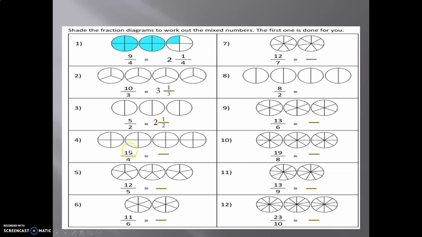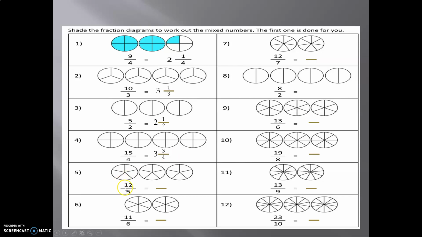I want to color 15. 1, 2, 3, up to 15. So I finished the 3 shapes, and from shape number 4, I just take 3 parts out of 4. So I finished the 3 shapes and 3 out of 4.